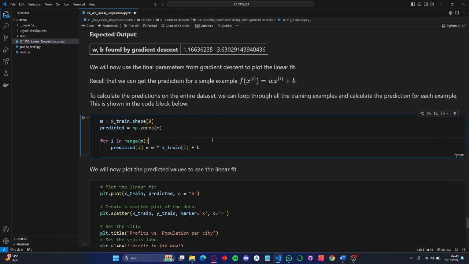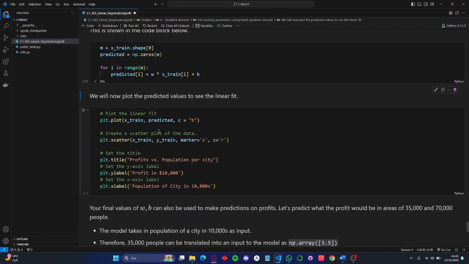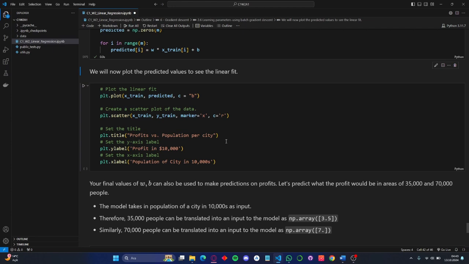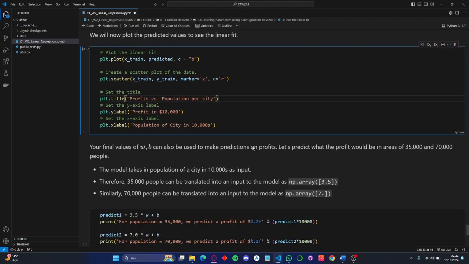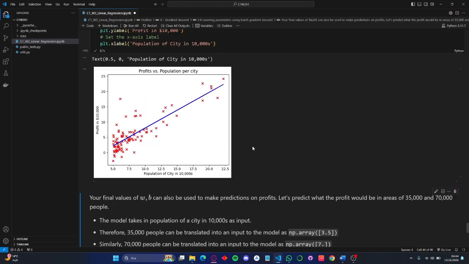So I'm running this cell, and here again we visualize our predicted function along with the data. Yes, this line is our predict function.